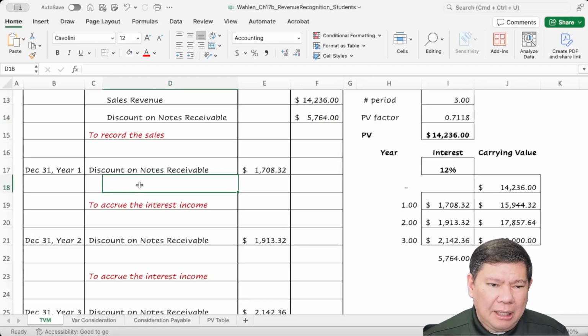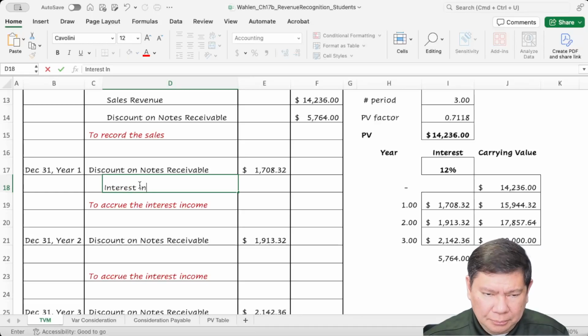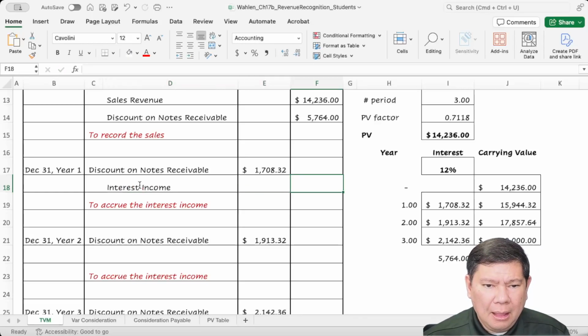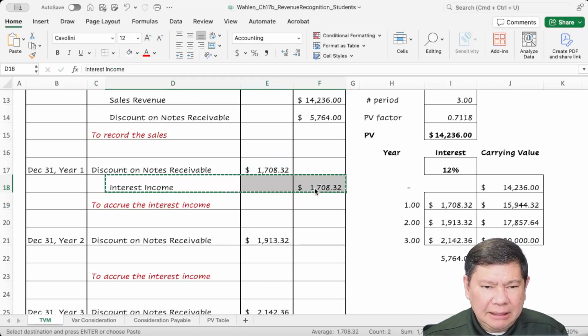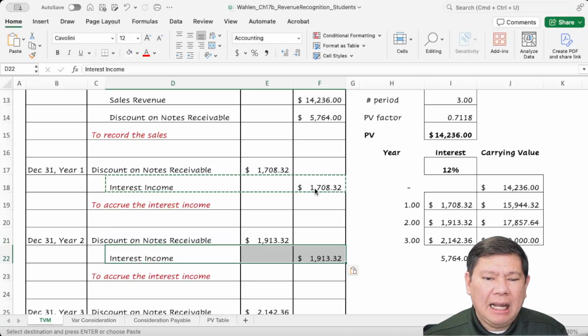And we are going to recognize interest income for the same amount. That's the first year. And then we recognize again interest income in the second year. We don't receive that income.